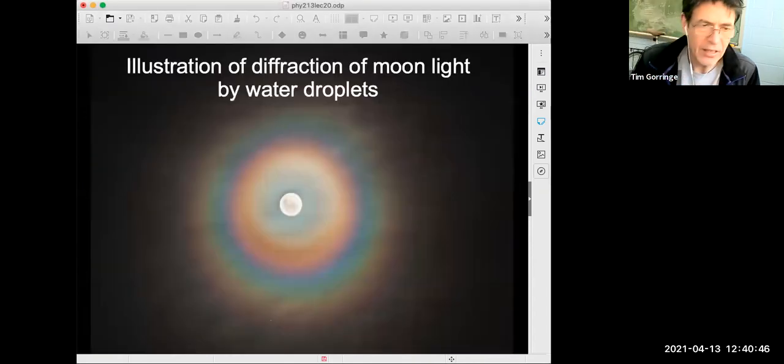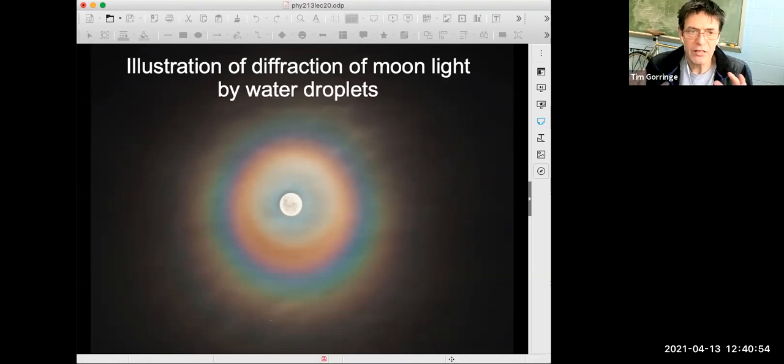And then finally, here's an example of light waves and a diffraction pattern. What you're seeing in this picture is actually moonlight from the moon, and it's being diffracted by not actually slits, but water droplets in the atmosphere.